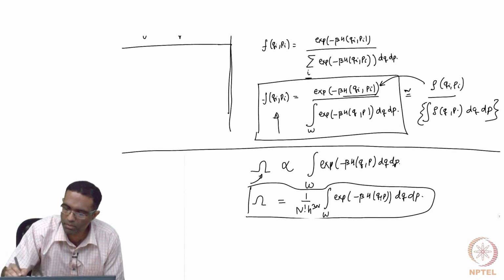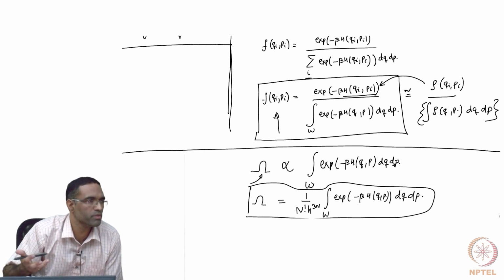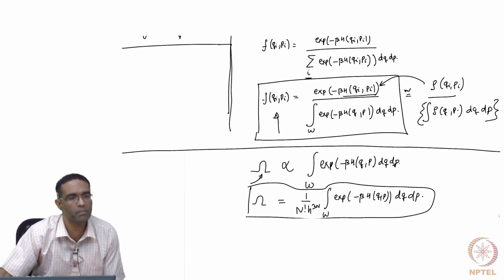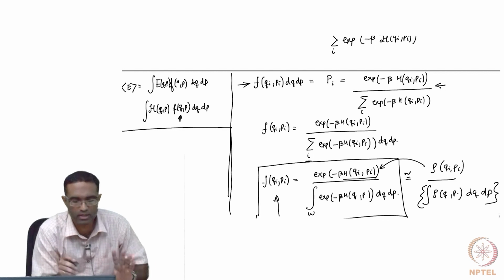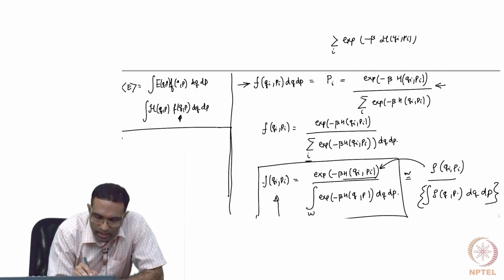So you have to keep remembering this expression. This expression, the integral of exp(-beta H), will occur several times when you are working with statistical mechanics, because every time you want to find the average property of anything, say for example the average Cijkl.